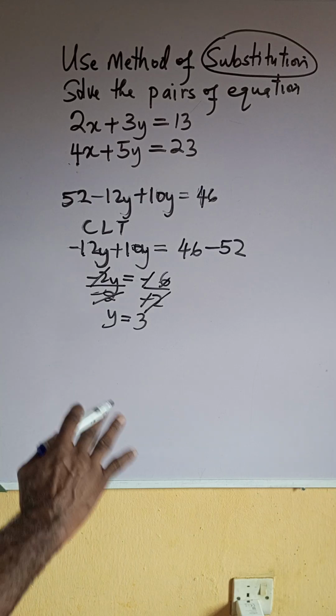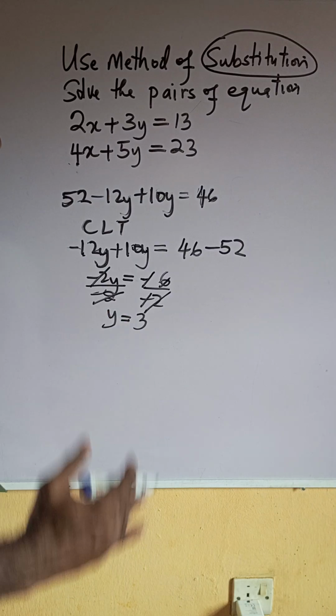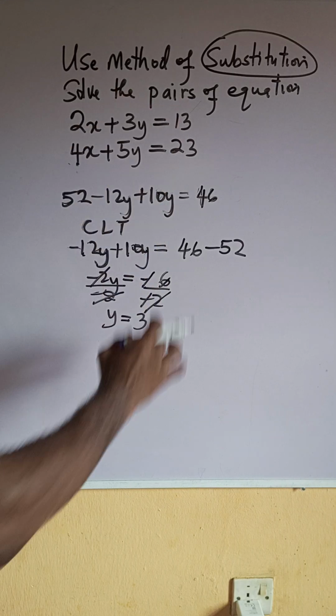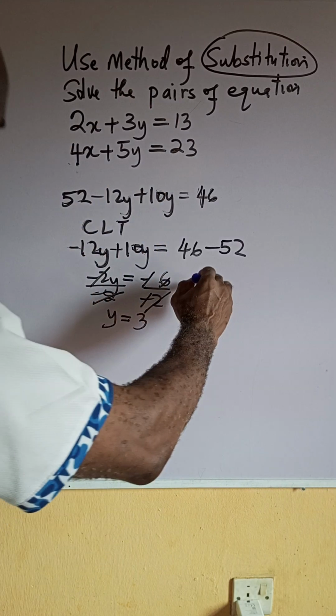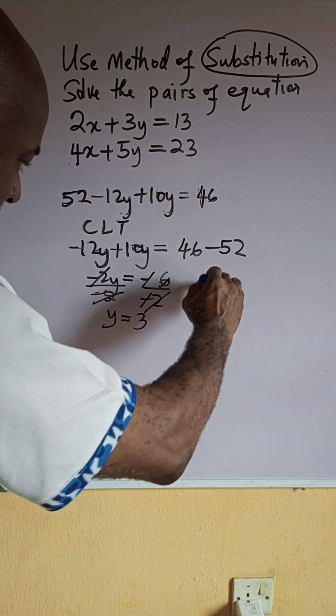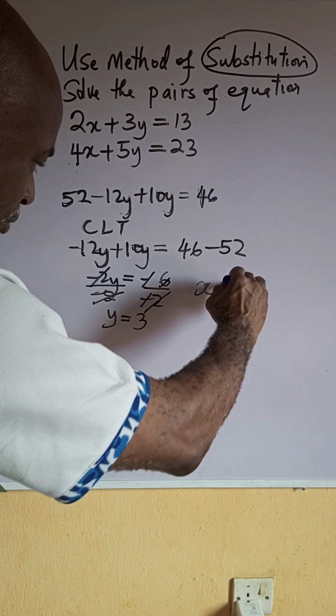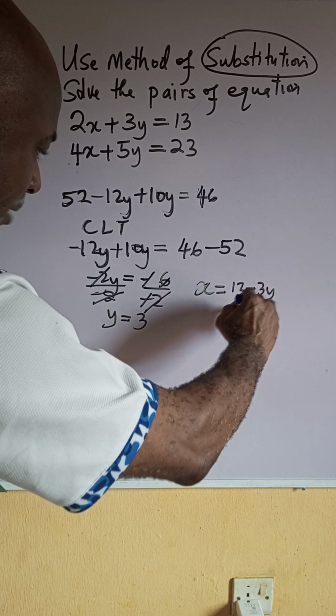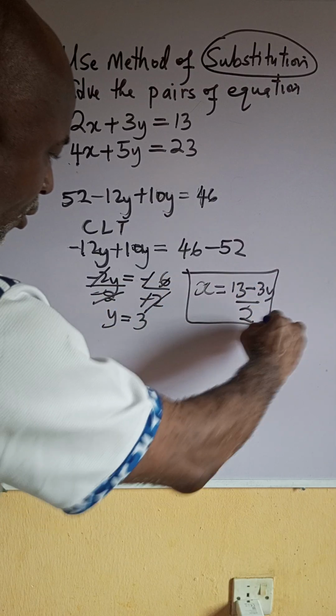Now, what remains is for us to determine the value of x. So from any of these equations, or from our equation 3, we have that x is equal to 13 minus 3y all over 2, if you recall.